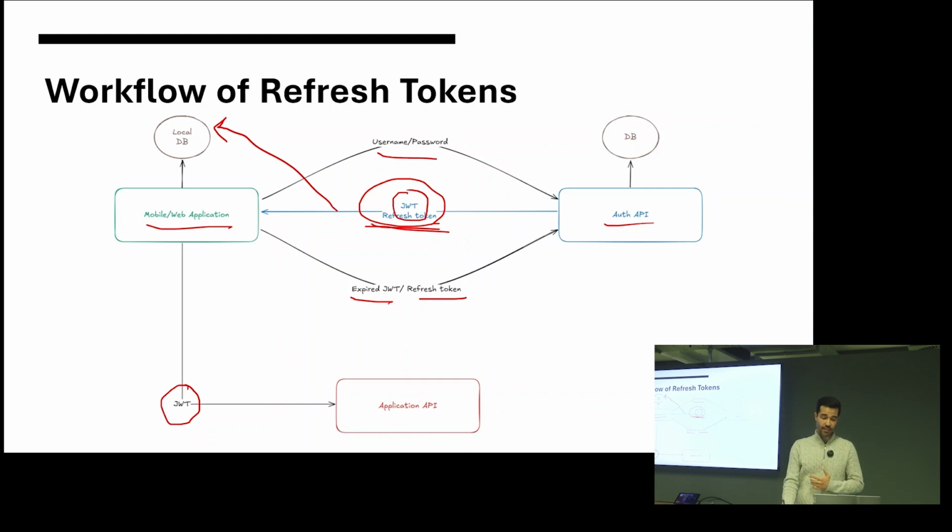But in case, for instance, an attacker managed to get access to this refresh token, for instance, the attackers stole the client's mobile phone or something like that, then we need to think about revoking and deleting this refresh token from our database. And those are just things we need to consider in our security.